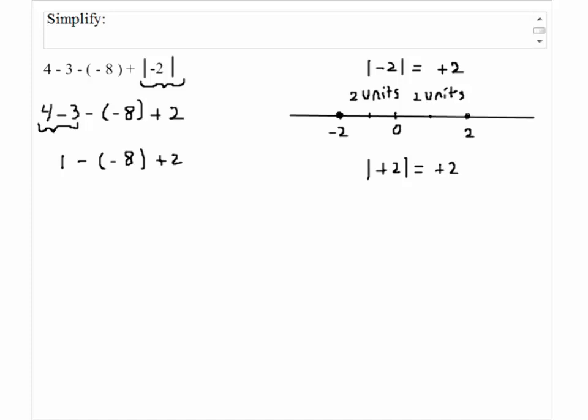From left to right, when we subtract integers, we can change subtraction to addition and change the second number to its opposite number, which would be +8. So we have 1 plus 8 is equal to 9. 9 plus 2 would be equal to 11.